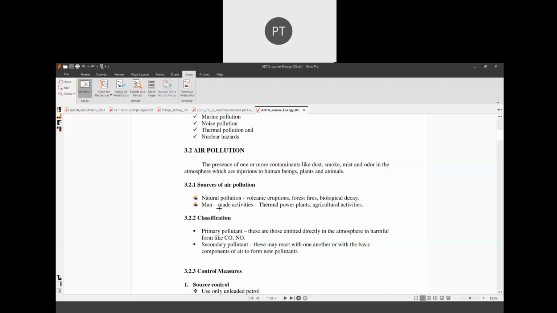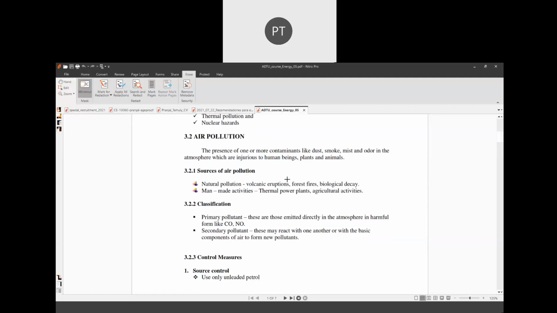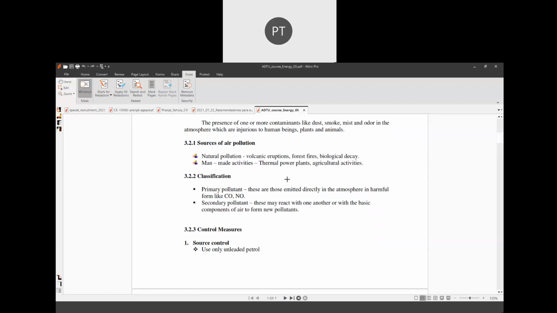So what are the different sources of air pollution? These sources can be classified into two types. The first type is natural pollution. Natural pollution occurs due to the smoke and gases that erupt from volcanic eruptions, and also due to forest fires.